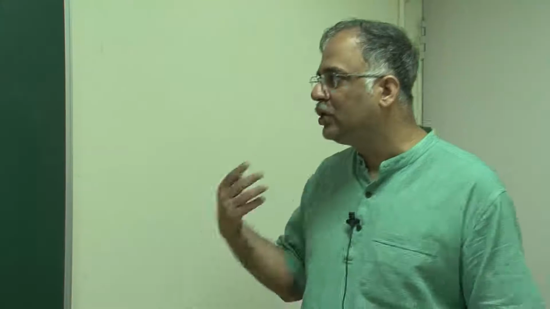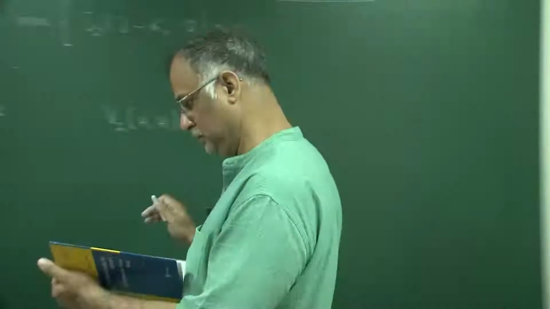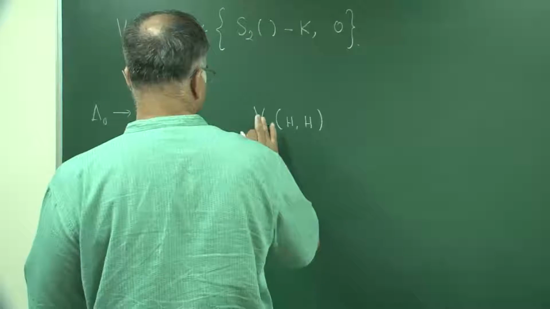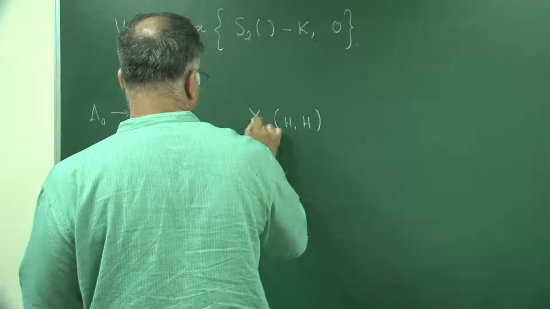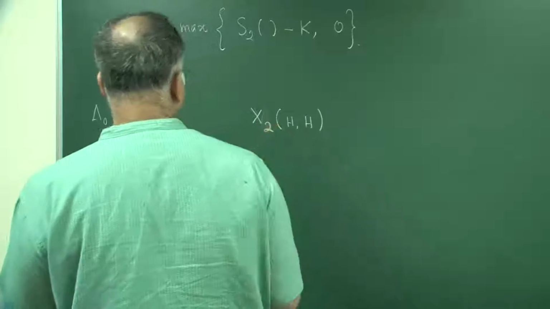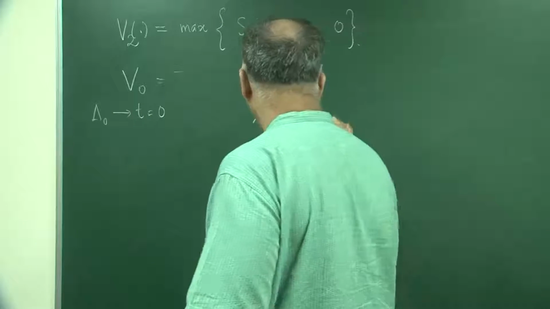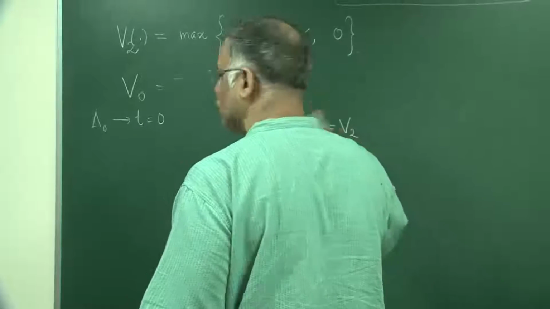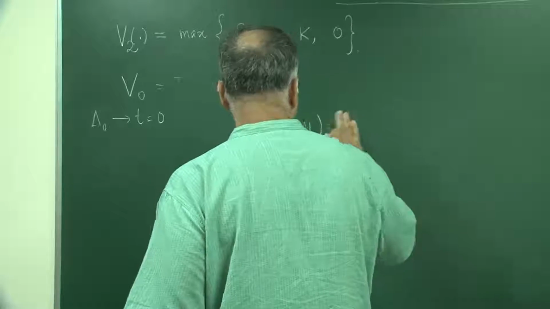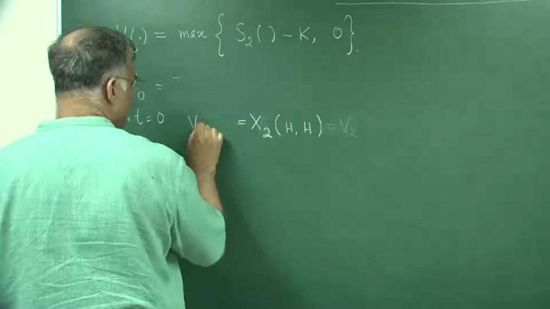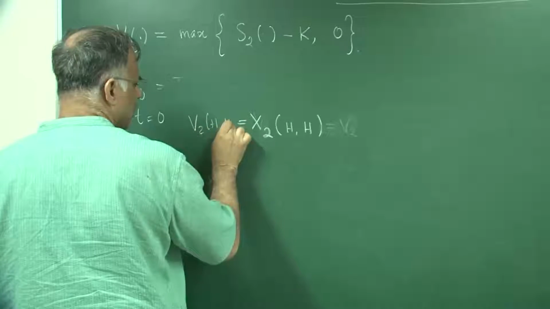The delta 1 share that you get, so x2, now if 2 is the final period, x2 must be the same as the worth of the option. That is the whole thing. So, instead of writing this, I just write V2 HH x2.